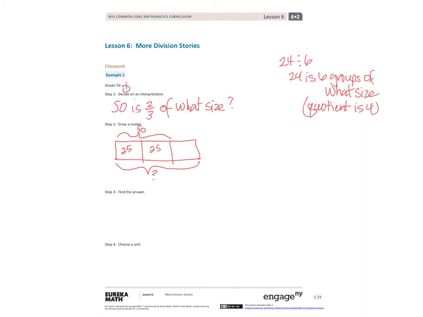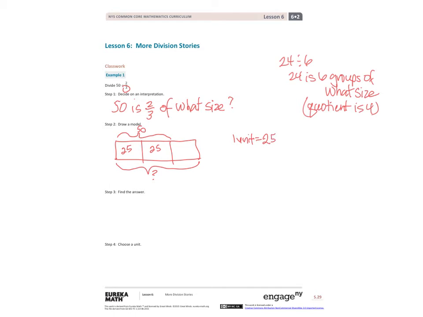Some number is that question mark. By looking at that tape diagram, we see that those 2 units that we just filled in are valued at 50 total, but each is 25. So we can divide by 2. We find the value of 1 unit. 1 unit equals 25.